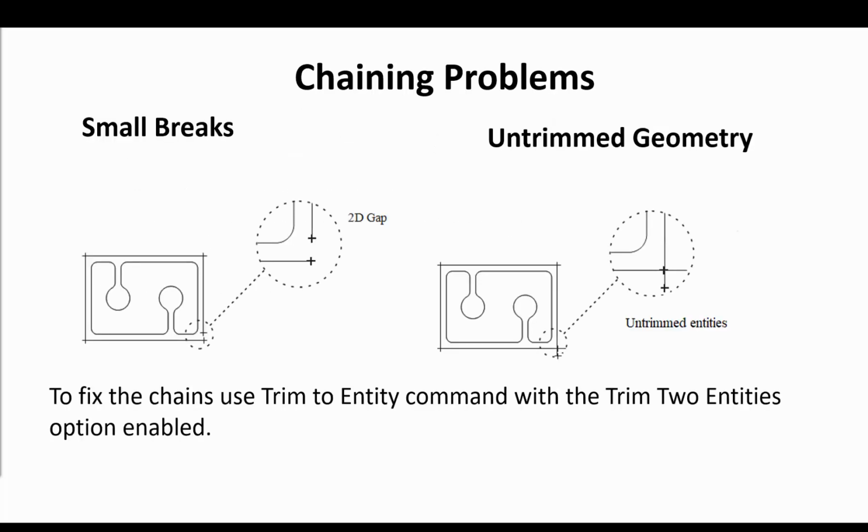Small breaks or untrimmed entities that are extended over the intersection point can be avoided by using the auto cursor to ensure the entities connect. One way to find small breaks or untrimmed entities is using Display Endpoints from the Home tab. This function temporarily places a point at the end of each entity.